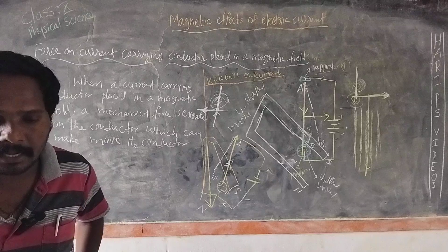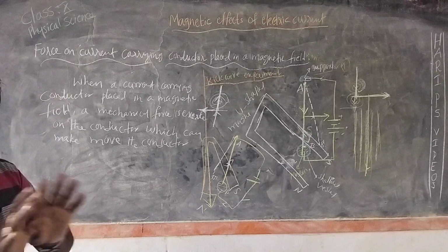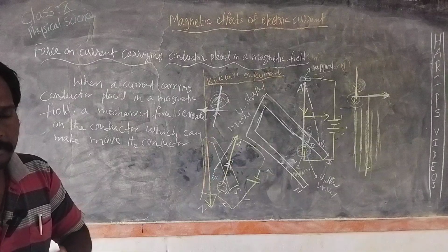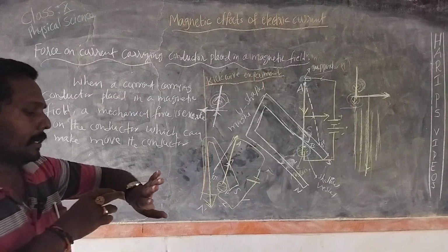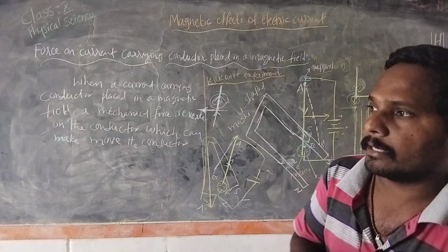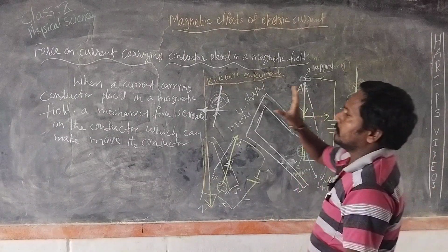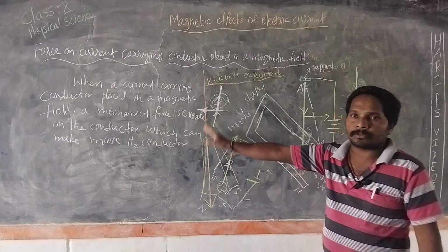Let us understand the concept simply. A current carrying conductor is placed in a magnetic field. It experiences a mechanical force.